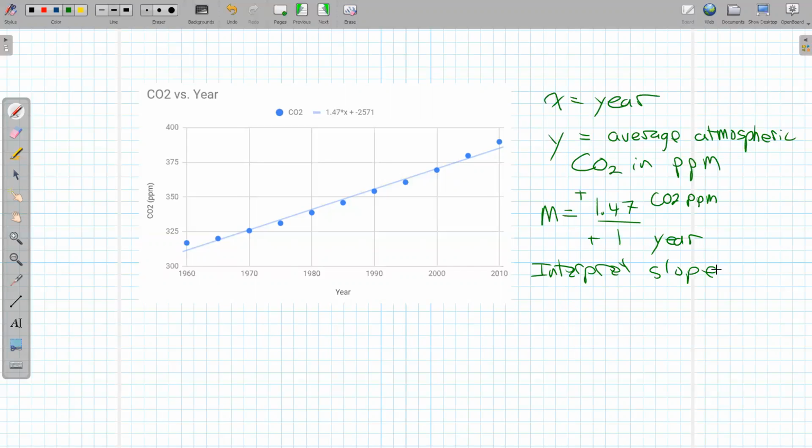Okay, so for each additional year that goes by, I need to indicate this change. It's not just 1 year, it's an increase of 1 year because it's positive.